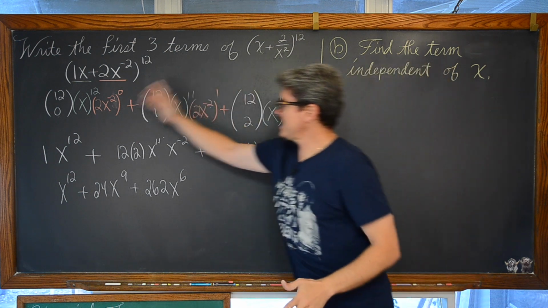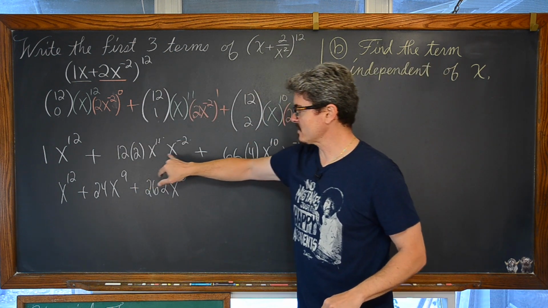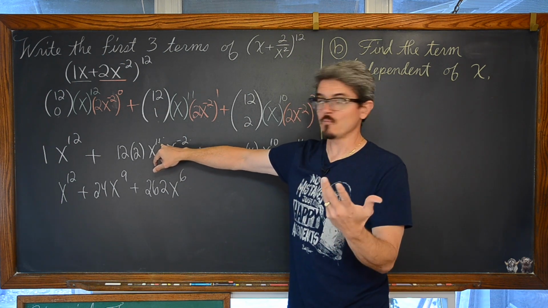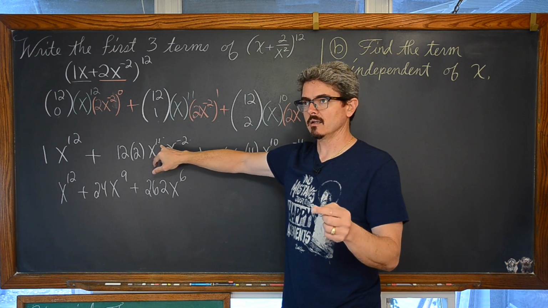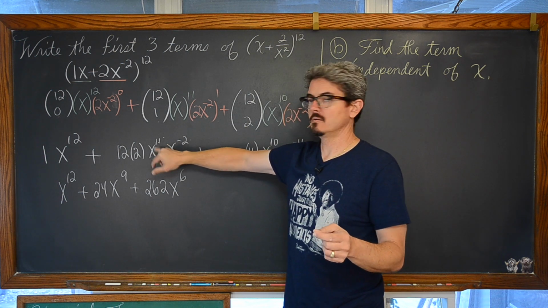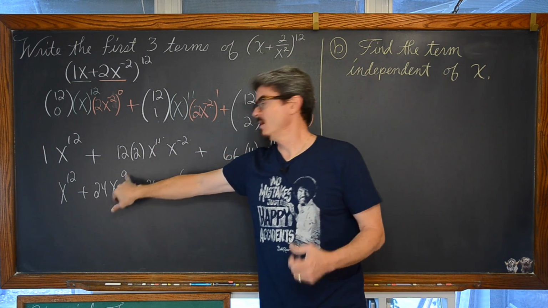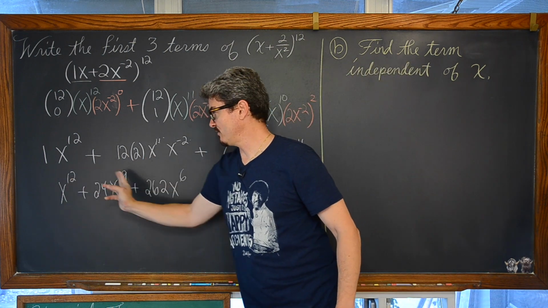And as we work this out, we could see that when you multiply those like bases, there's an interplay or a sum, right? When you multiply like bases, you add these exponents. We're basically adding n minus r and r to get to our final power, which is applied to the x. Now, you can already see the pattern here, 12, 9, 6.